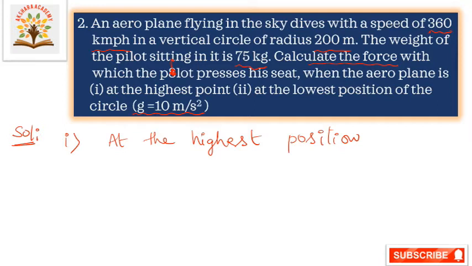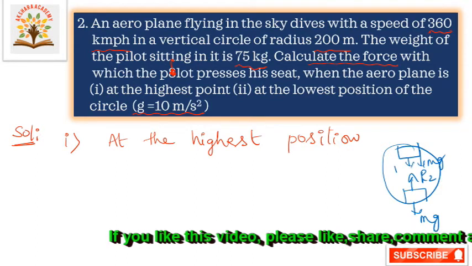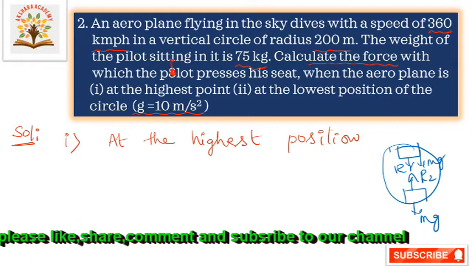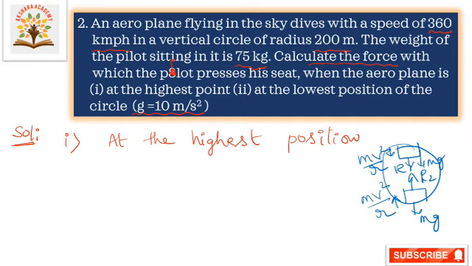One force is the gravitational force mg, and the other is R1. Here mv square by r, and in this direction mv square by r.